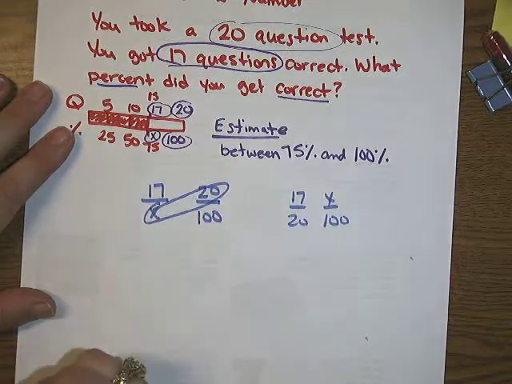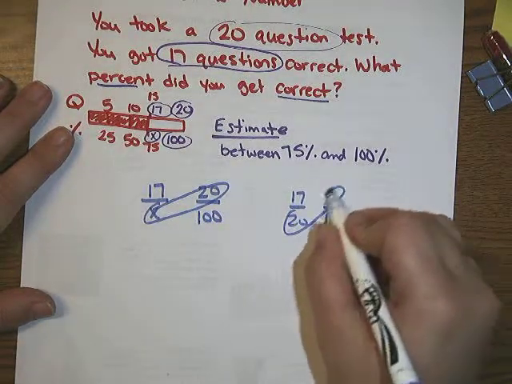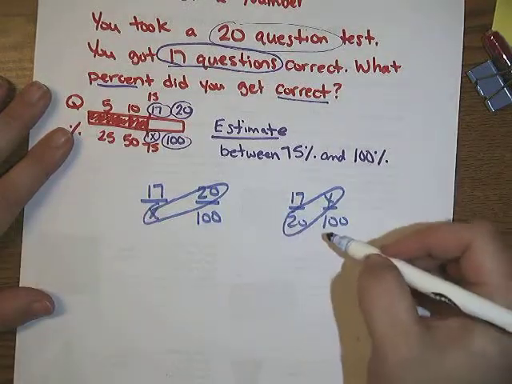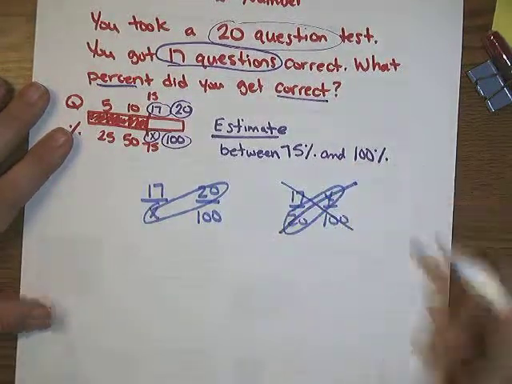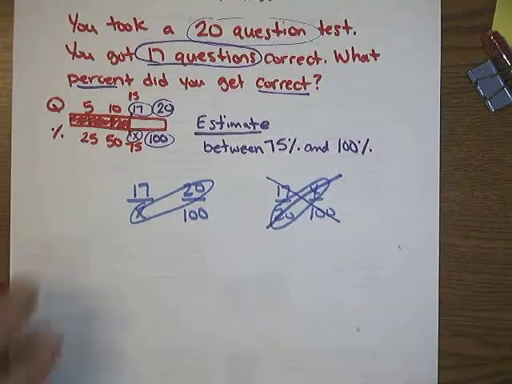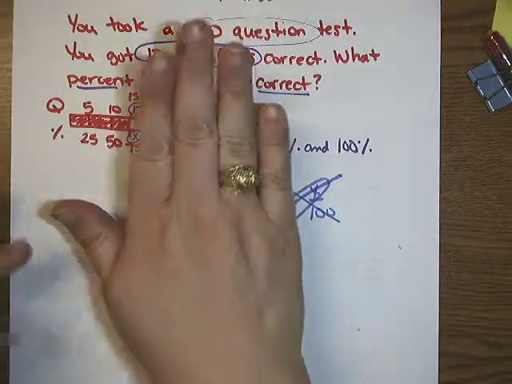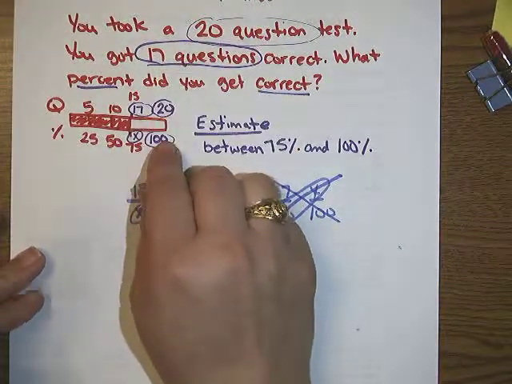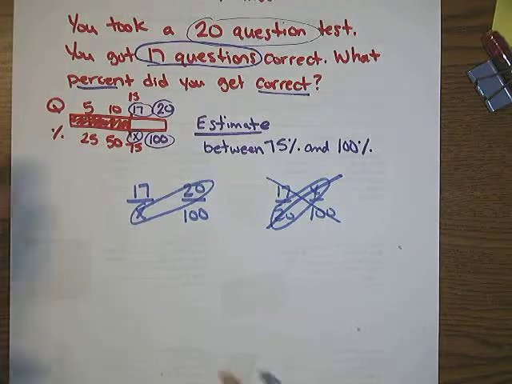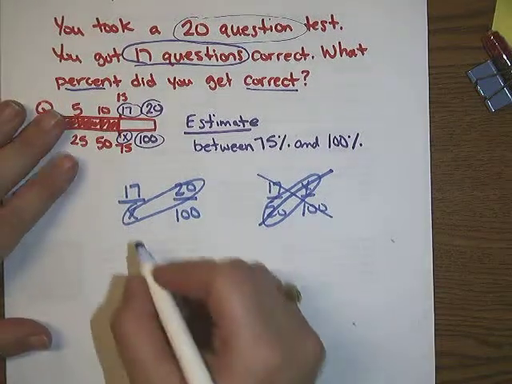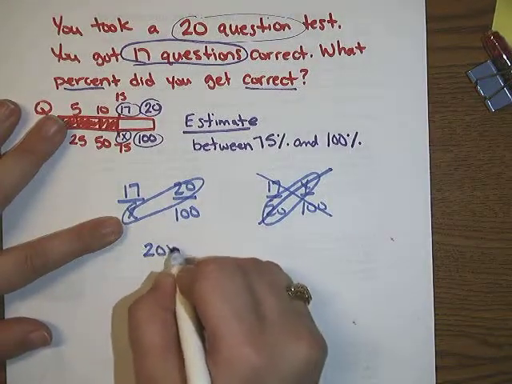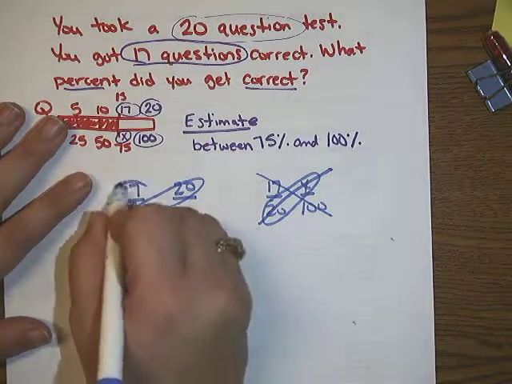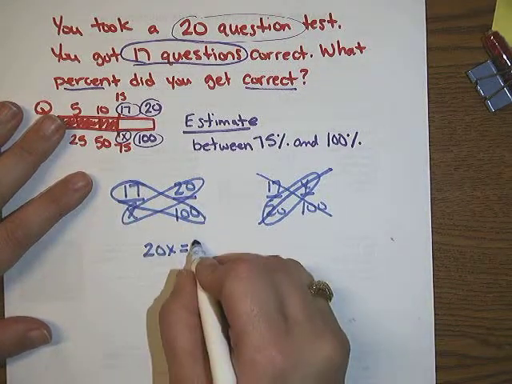So if you see it that way, that's okay. You'll get the same answer. Because when you multiply, 20 is across from X. Over here is 20 across from X. So if you see it that way, that is perfectly fine. I'm not going to do it both ways, but I want to show you that it is both ways. You can either make your proportion this way, or you can make it this way. Either one. Now I'm going to cross multiply.